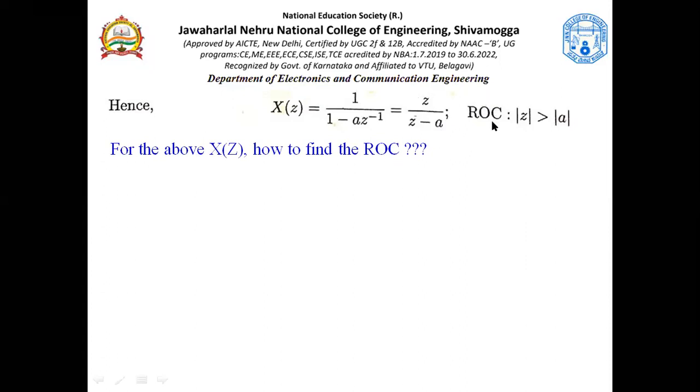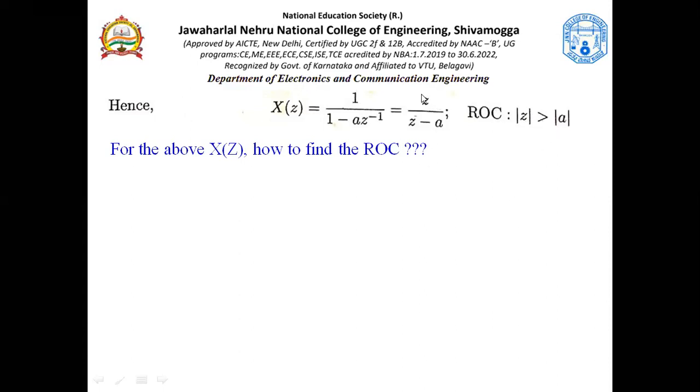They already have given us ROC Z greater than A. Remember, whenever we are trying to find out the ROC, I have told you, every time you find out X of Z, you have to find out ROC. So they have found out the ROC and given that as Z greater than A. Everything that is greater than A. A will take many values. I'll be talking about that.